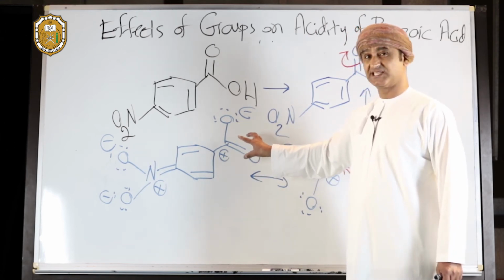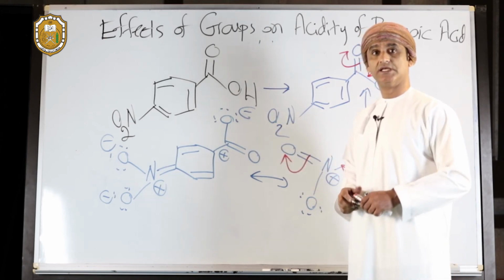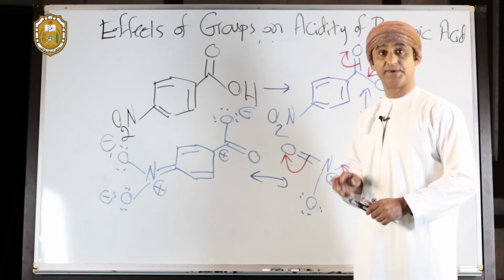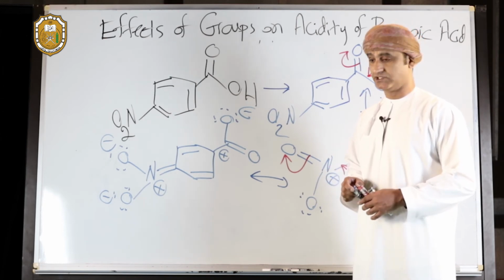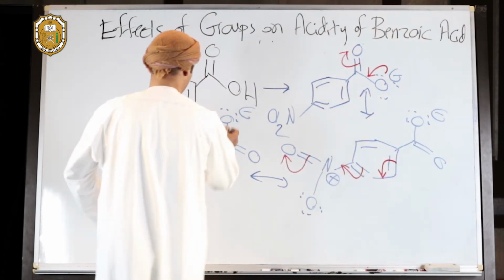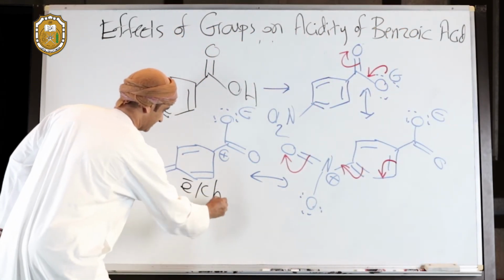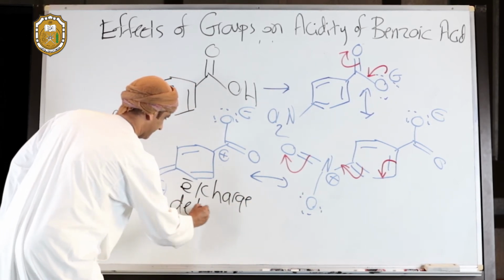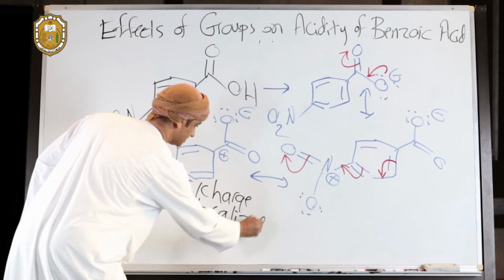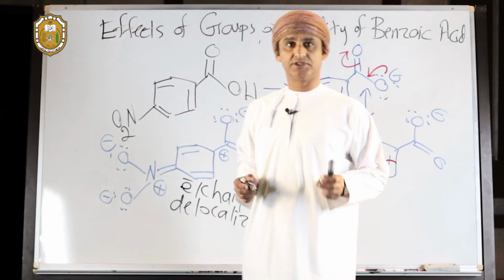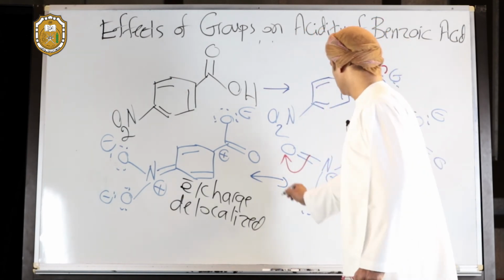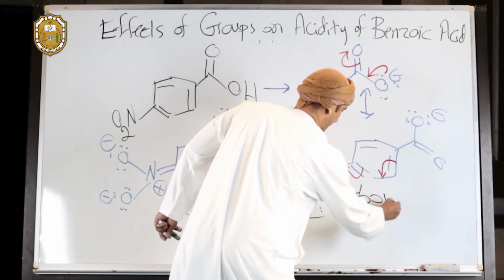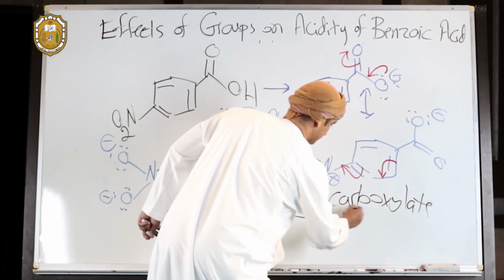Now, this results in delocalization of electrons, delocalization of the charge, which helps stabilize the benzoate. So the electrons here and the negative charge are actually delocalized. The conjugate base, or the carboxylate, is therefore stabilized.